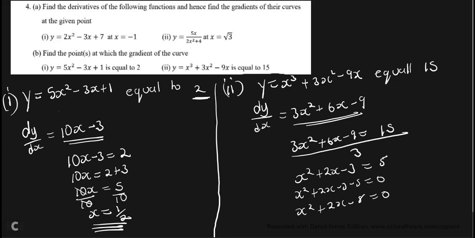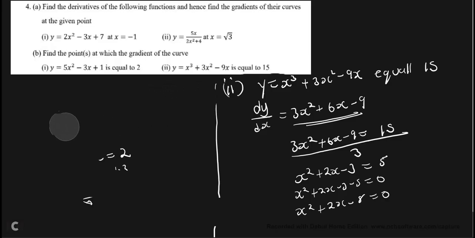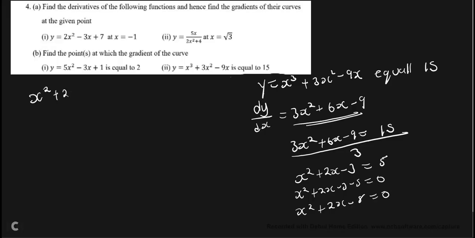Then from there, what you do next is you have to find the points now, right? Let's find the points. This is x squared plus 2x minus 8 equal to 0, right?